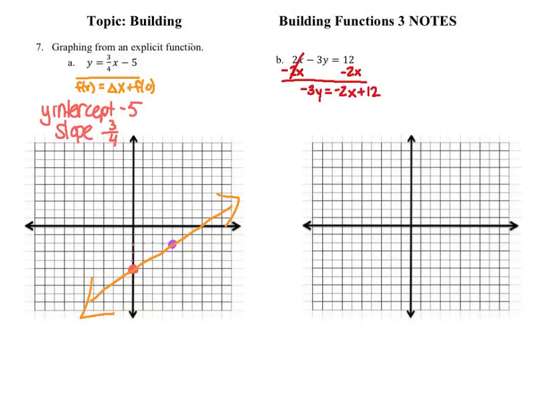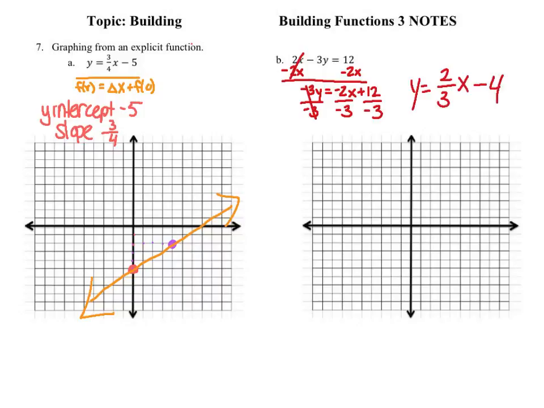Now how do I get that y by itself? That's a -3 times y, so I divide. I'm going to divide everything by -3. So now my final equation is going to be y equals, now negative 2 divided by negative 3 is a positive 2/3 x, and then 12 divided by negative 3 is a negative 4.